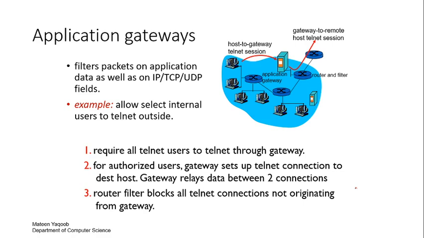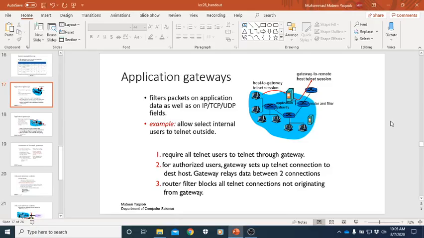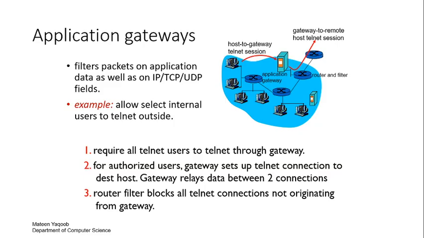The third type of firewall that is usually used is based on application gateways. In application gateways, we filter the packets on application data as well, not just on the TCP, UDP and IP fields.